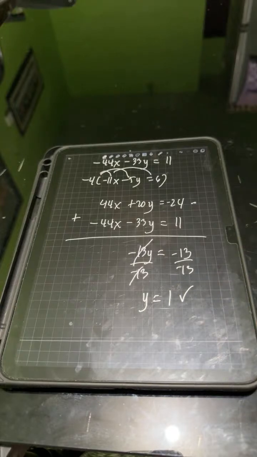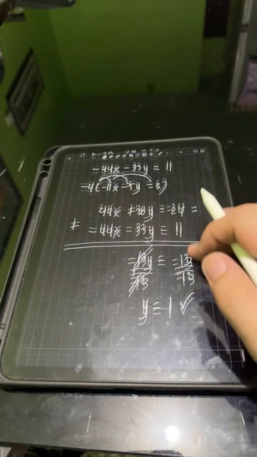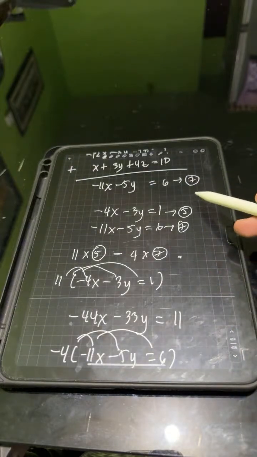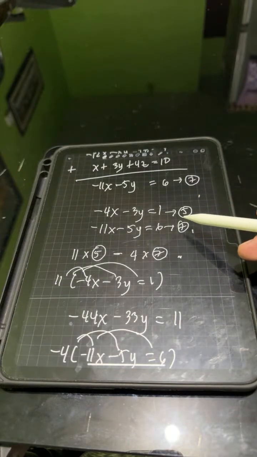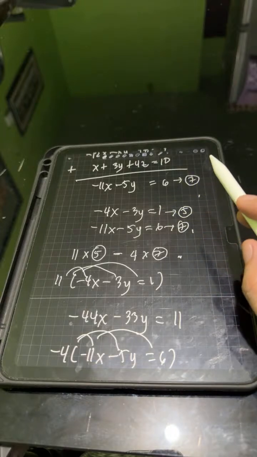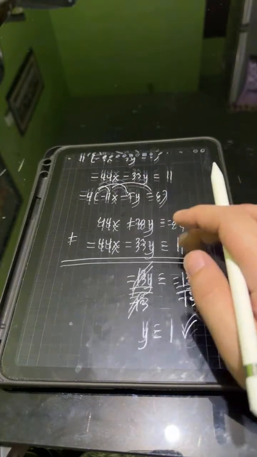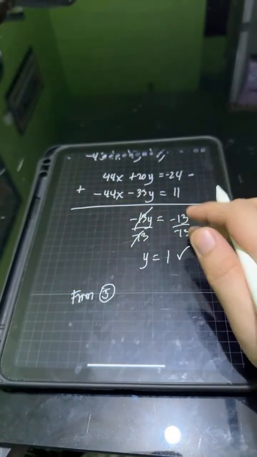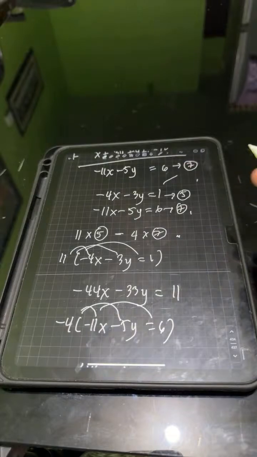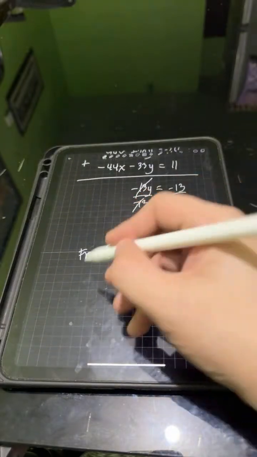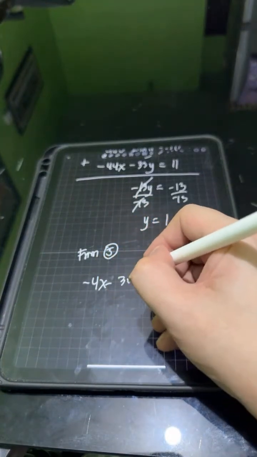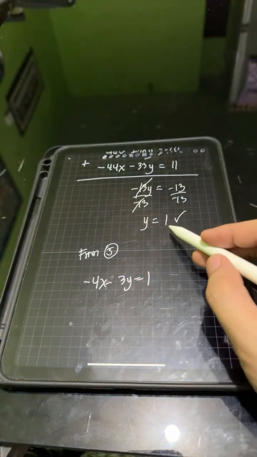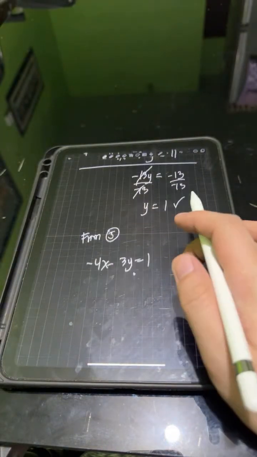Now that we have the value of y, we can use either equation 5 or 7 to solve for x. So let's use equation 5, which is negative 4x minus 3y equals 1. We can substitute y equal to 1 here to solve for x.